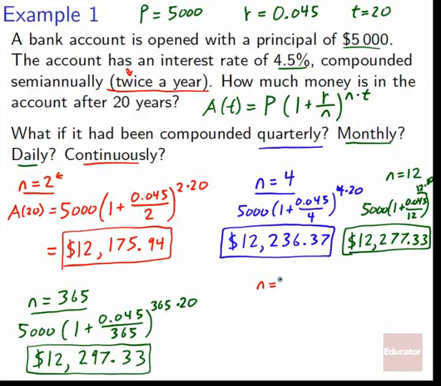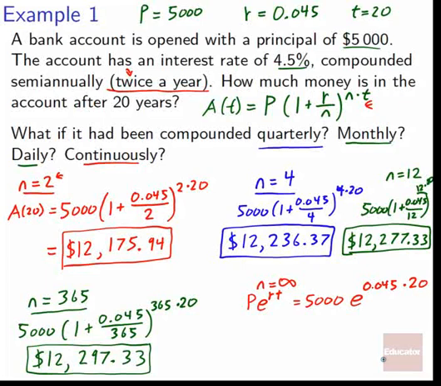And what if we managed to do it every single instant, so it was compounding continuously? Well, if n is equal to infinity, we're no longer using this formula. We switch to the PERT formula, because that's what we use for compounded continuously. So that's going to be 5,000 times e to the rate, 0.045, times 20 years. Once again, we punch that into a calculator.